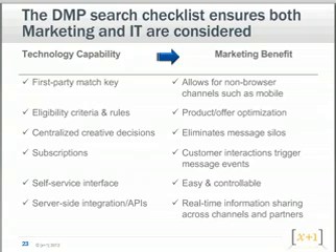You get beyond simple geo-targeting or a simple are you a customer or not targeting pretty quickly, and you want to look for platforms that have more robust rules engines built into them, because you'll quickly grow out of the other platforms that are a little more simple in how they do rules. Centralized creative decisioning, if you can have all your creative in one place, allows you as a marketer to eliminate silos around creative and around messaging.